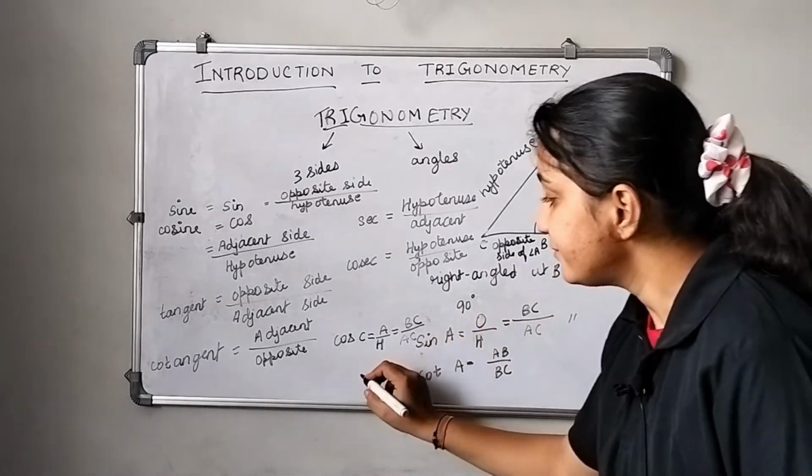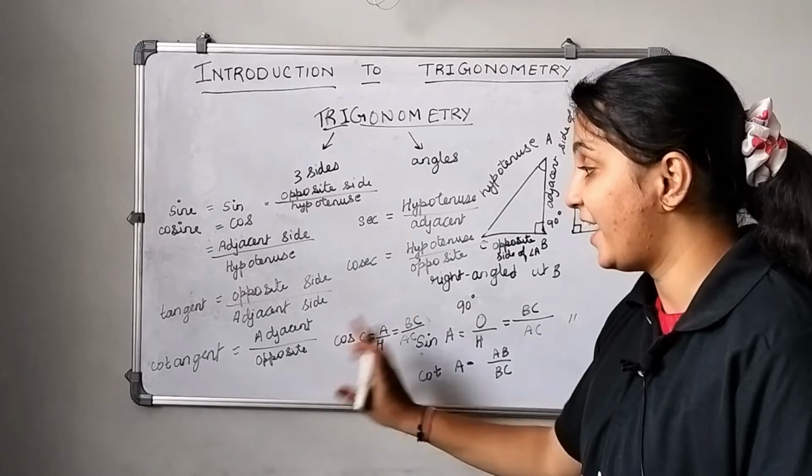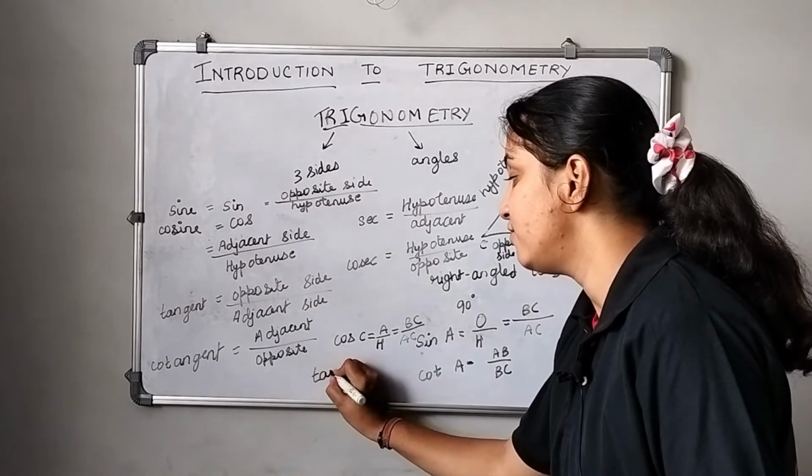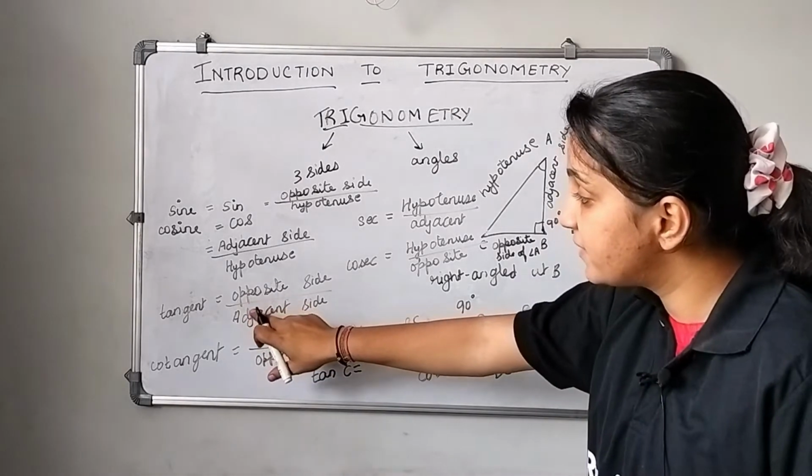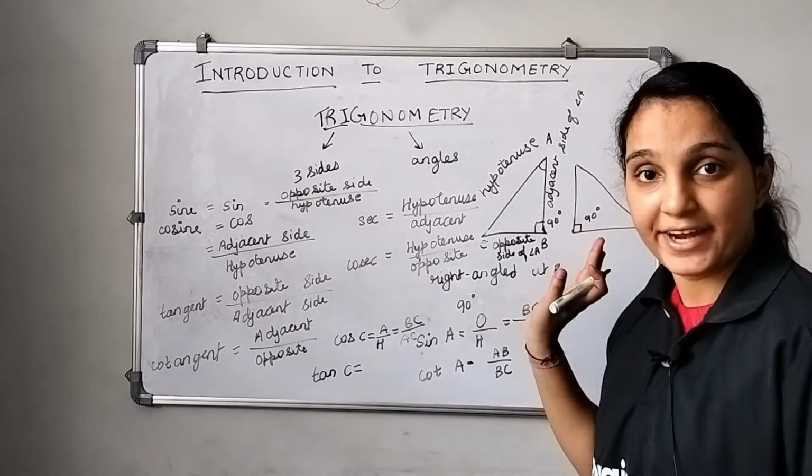Then, if I want to find tan of C, what does the definition of tan say? Opposite side upon adjacent side.